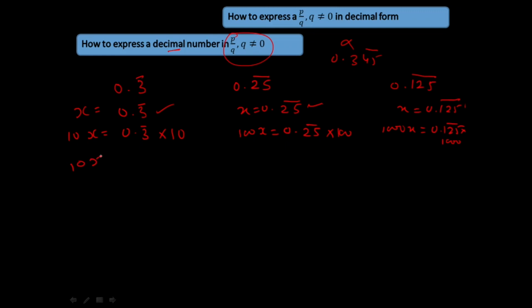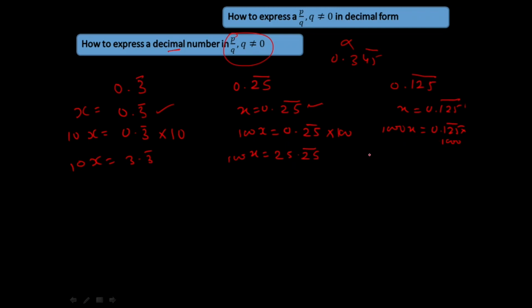This is 10x, and because this is 10, one digit will come in front, 3.333 and so on. Same here, this is 100x, because this is 100, two digits will move before the decimal, so 25.25 bar.